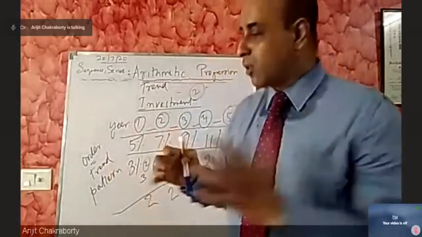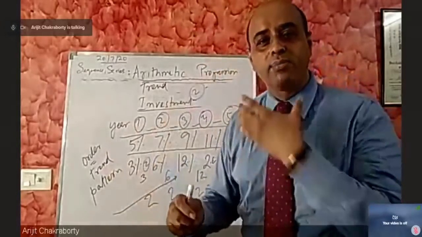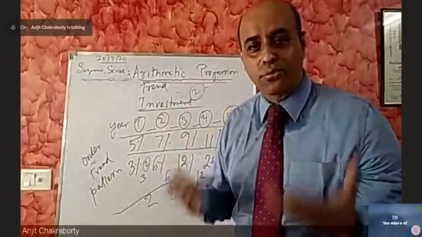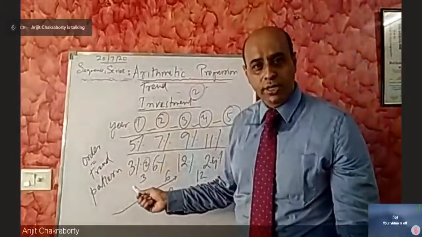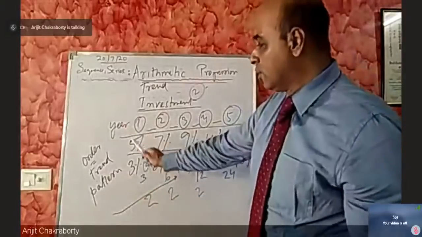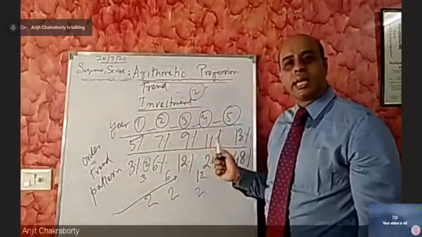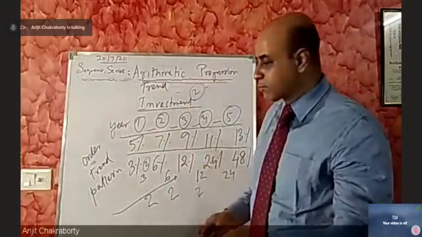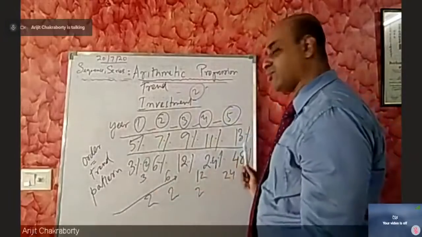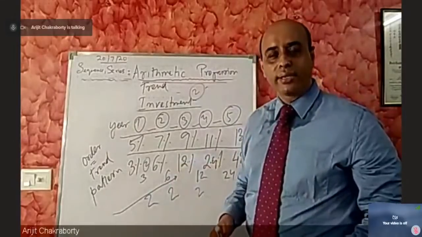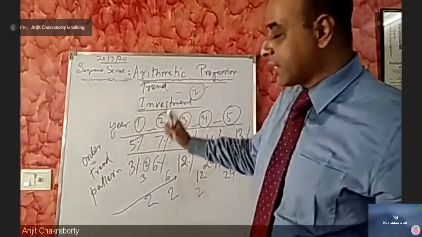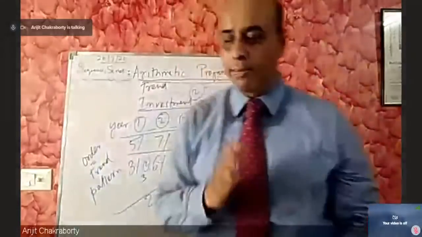But from a layman's perspective, with no idea of risk and return, if somebody tells me there are two investment options, option 1 gives you 5%, 7%, 9%, 11 and 13, and option 2 gives me 3, 6, 12, 24, 48, I will choose the second one. Fine. So this is an example of the difference between AP and GP.